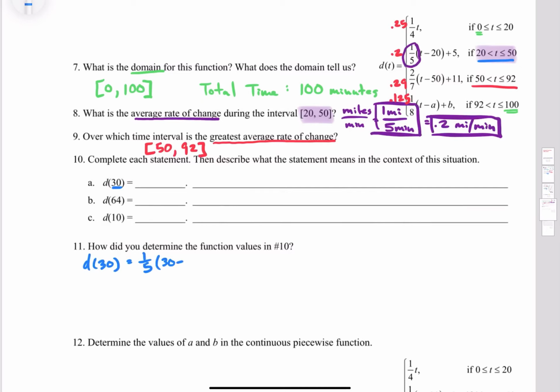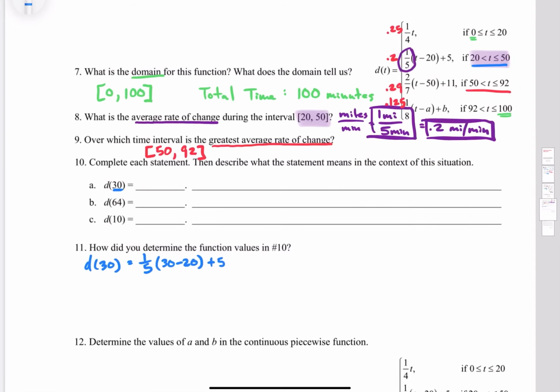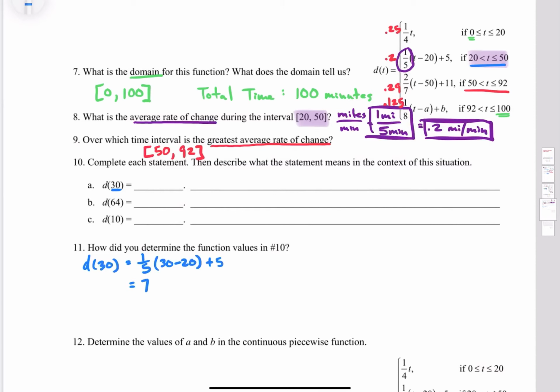So 1/5 times 30 minus 20, plus 5. Okay, well, 30 minus 20 is 10, and 1/5 of 10 is 2, and 2 plus 5 is 7. So that means D of 30 is equal to 7. Now, what does that mean? Well, that means in 30 minutes, he traveled 7 miles.